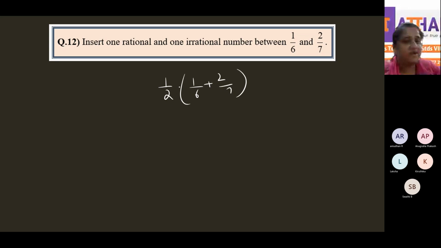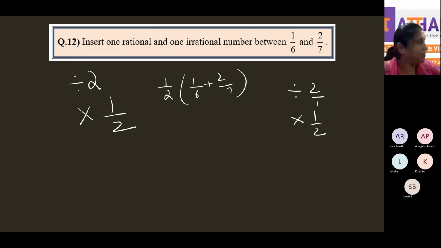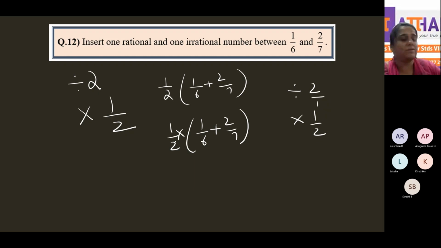Dividing by 2 means multiplying by 1/2, because division becomes multiplication and 2/1 becomes its reciprocal 1/2. This also is a rational number between 1/6 and 2/7.